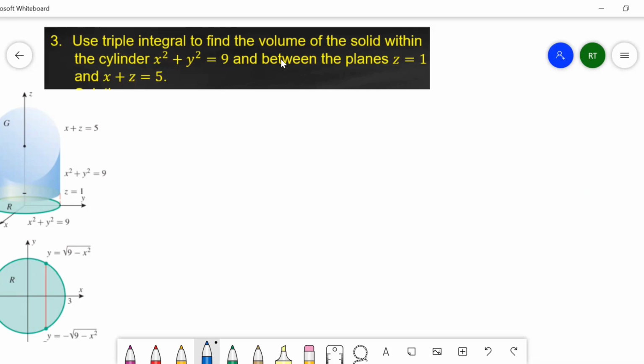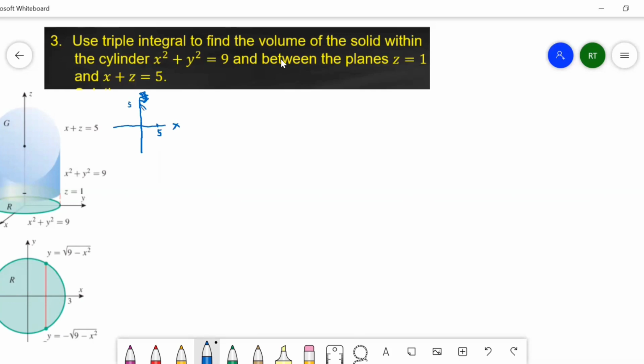Okay, by the way, if we have the x-axis and the z-axis, consider this as the z-axis and this one is the x-axis. If we have x plus z is equal to 5, the x-intercept is 5 and the z-intercept is also 5.